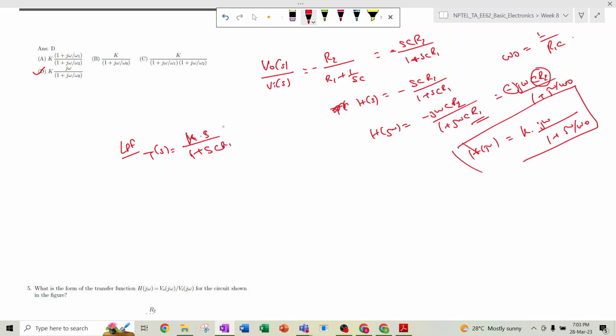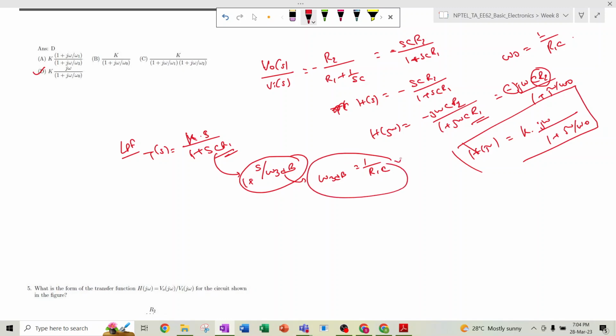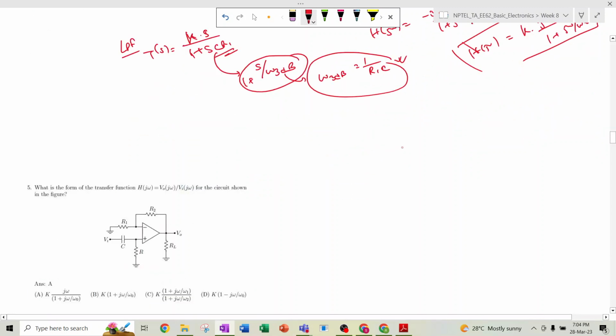Here it is CR1, so it will be in this format only. You can derive it like 1 plus S divided by omega 3 dB, and from here you can determine omega 3 dB as 1 divided by R1C. This is the 3 dB cutoff frequency.